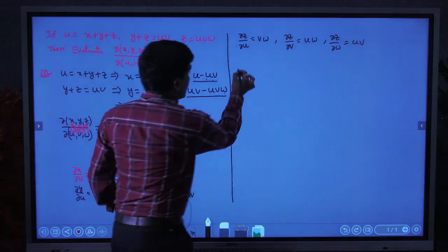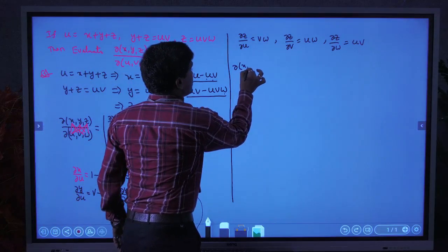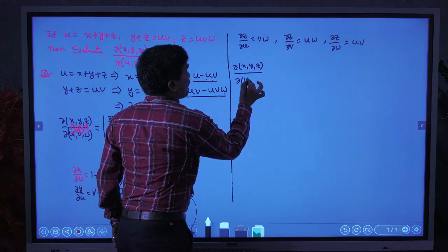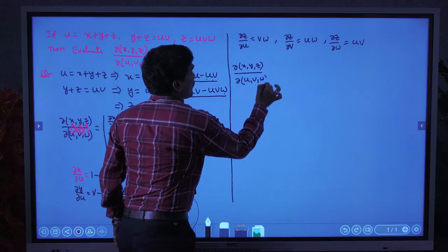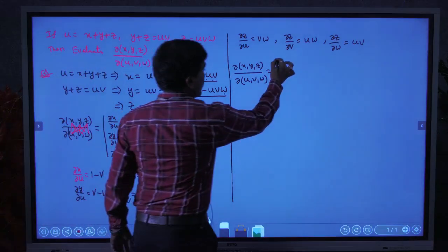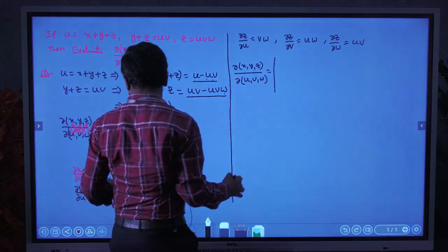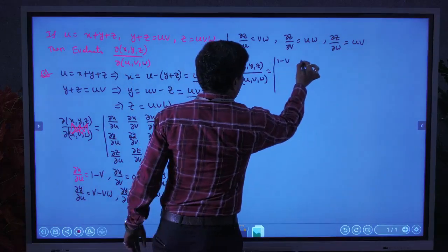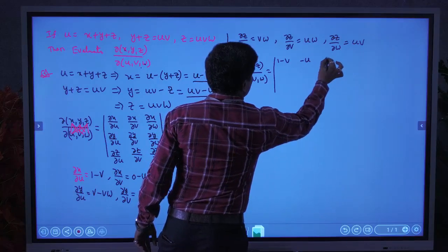So now write ∂(x,y,z)/∂(u,v,w) is equal to, write these values in a determinant. Now what is the value? 1 minus v, minus u, 0.